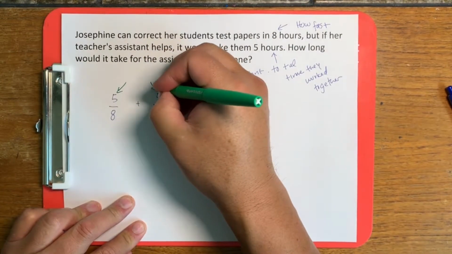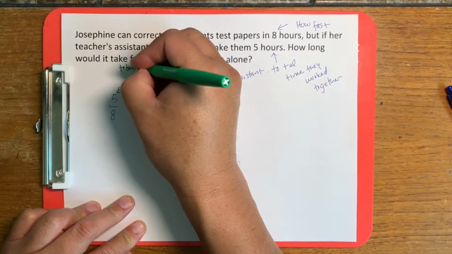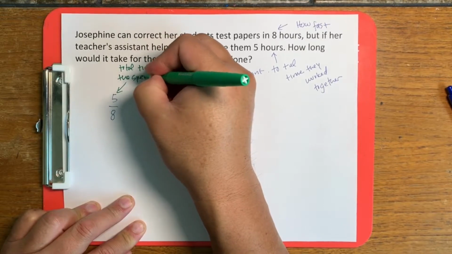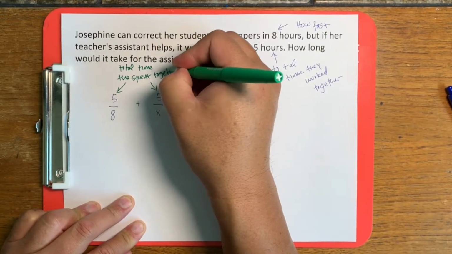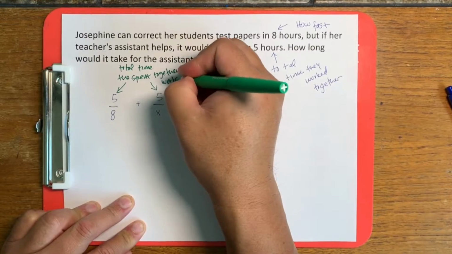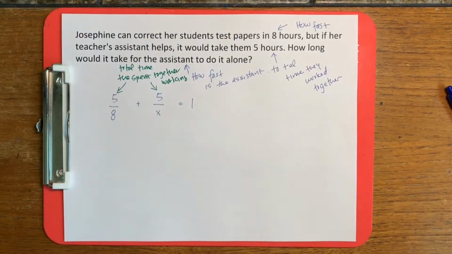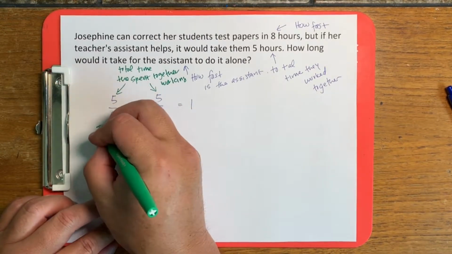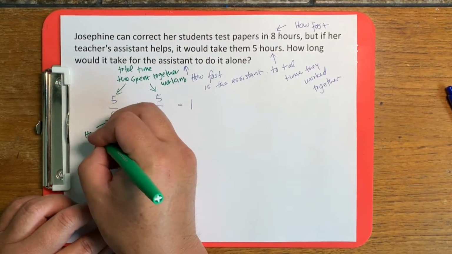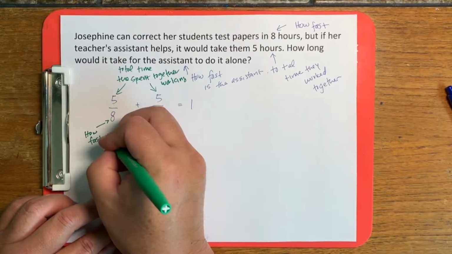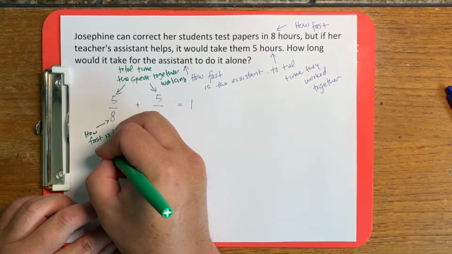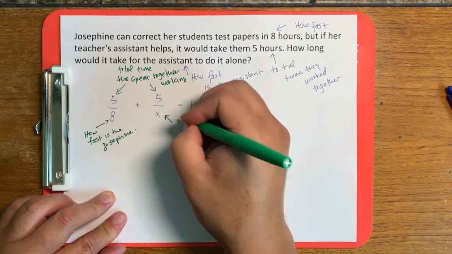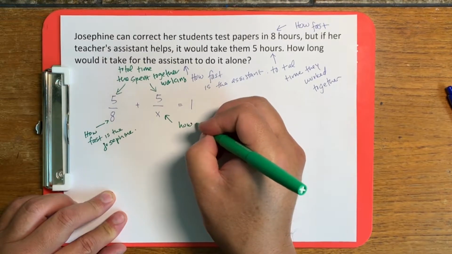This 5 is the total time they spent together working. That's the how long. They spent 5 hours working on it. This right here is how fast is the teacher, or I guess Josephine. And over here, this is how fast is the assistant.